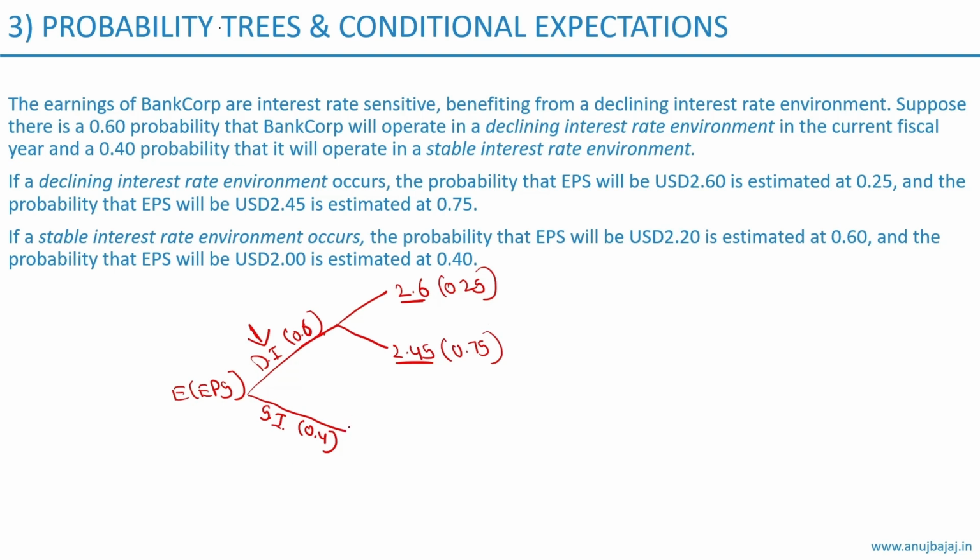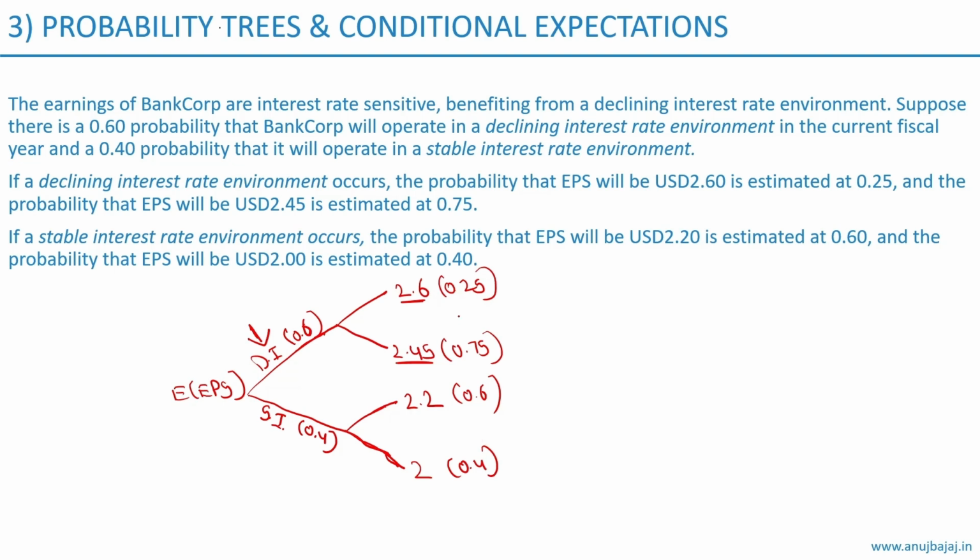Similarly, in a stable interest rate environment, we have two possible outcomes. The EPS can either be $2.20 or it could be $2, and the probabilities are 60% and 40%.